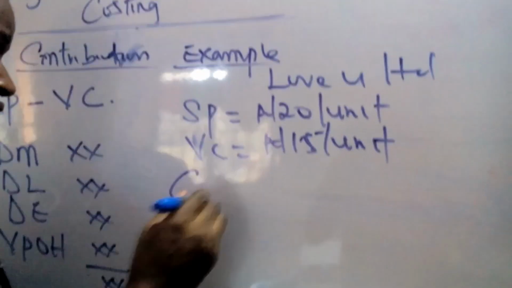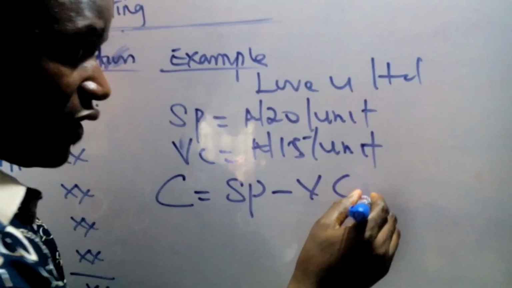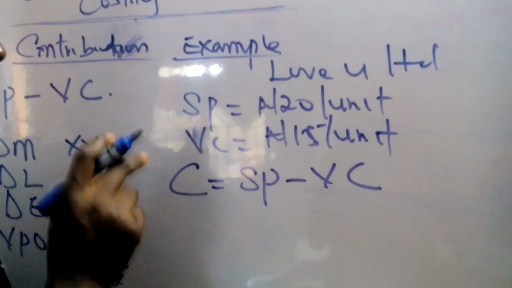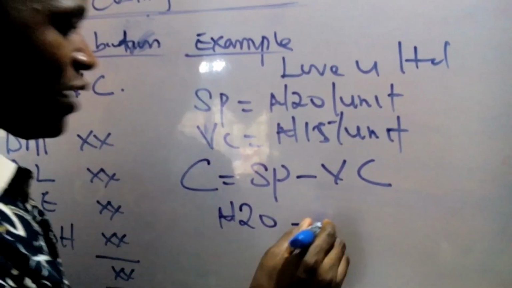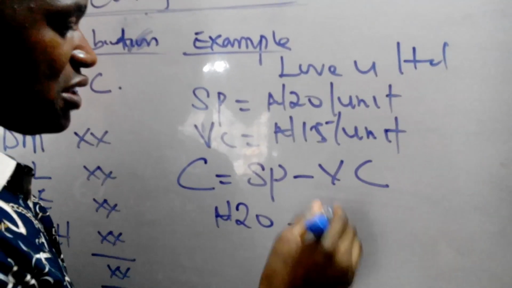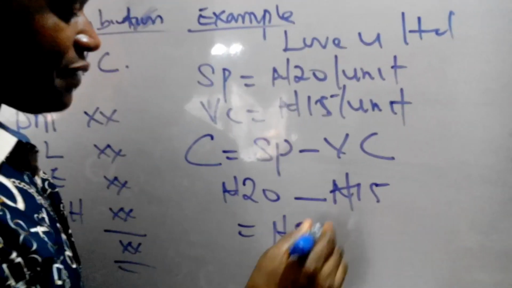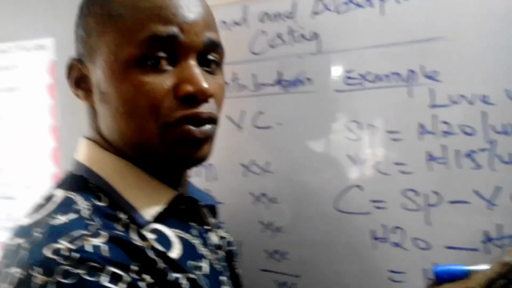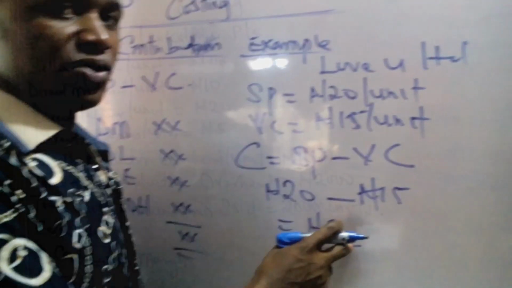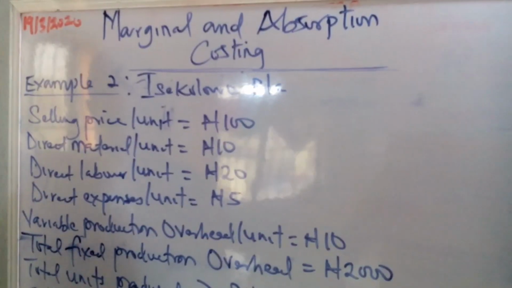Recall that our C equals SP minus VC. The SP is 20 naira per unit minus our VC, which is 15 naira per unit, gives us 5 naira. 5 naira is our contribution. Hope it is understood.